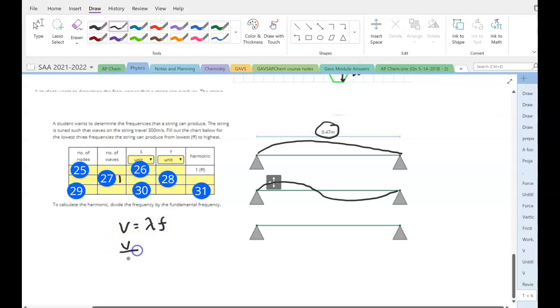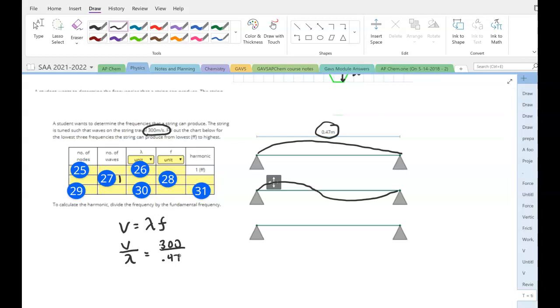So our velocity divided by our wavelength would be, it says 300 for this problem, 300 meters per second, and our wavelength for this would be 0.47. And that would give us our frequency.